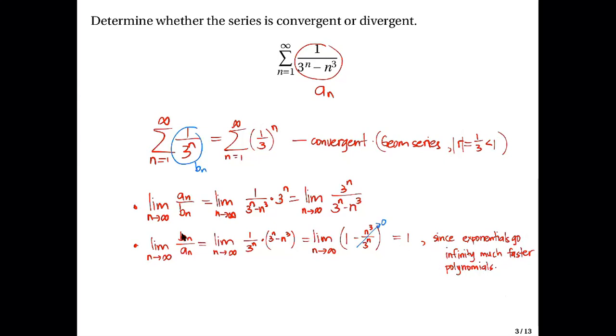So, may limit tayo for bn over an, and the limit of an over bn is just the reciprocal of this, and it's still 1.